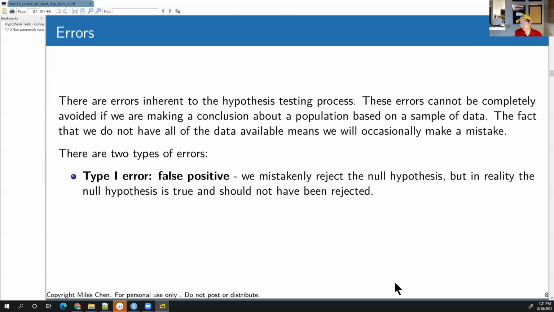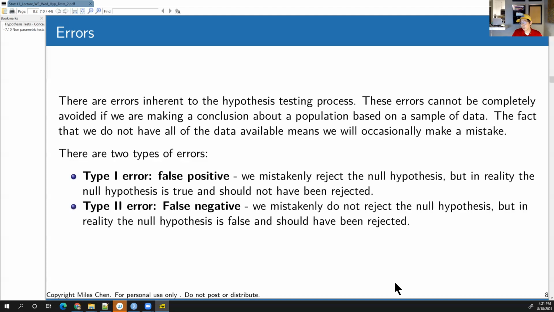But that's a mistake, right? You looked at the null hypothesis, you look at the data, you say, all right, based on this, we're going to reject the null hypothesis. But in reality, the null hypothesis actually is true, and we should not have rejected it. Okay, so that could happen, right?